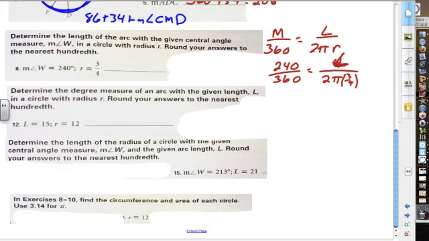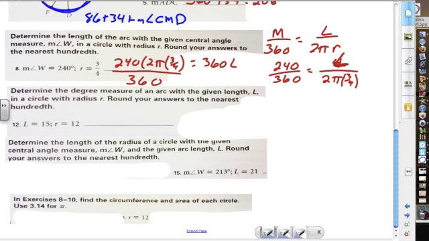So here what I do is I see I have a proportion, I'm going to cross multiply. So I have to take 240 times the 2 times pi times 3/4. And that's going to equal 360L. So if I divide by 360, I get my L by itself. Okay, so 240 times 2 pi times 3/4 divided by 360.